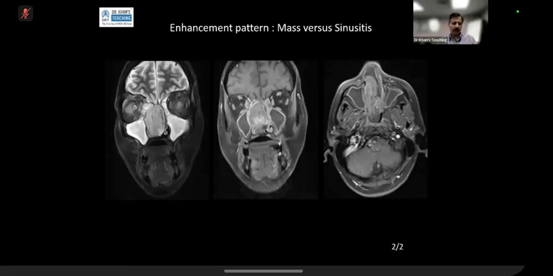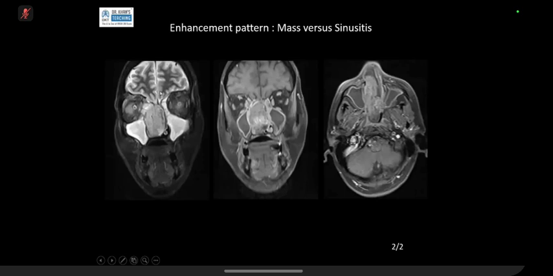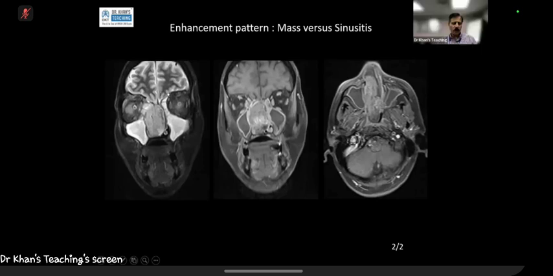Okay, so if you see here, this is a STIR sagittal sequence. In head and neck, we do STIRs. This is a T1 fat saturated axial post contrast. The classical protocols which we use in head and neck, we use STIR because STIR by definition has got fat saturation.